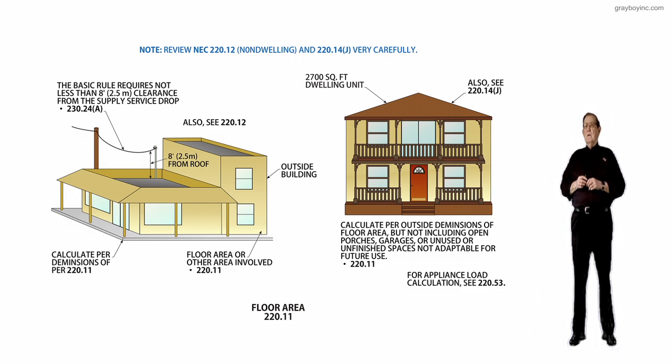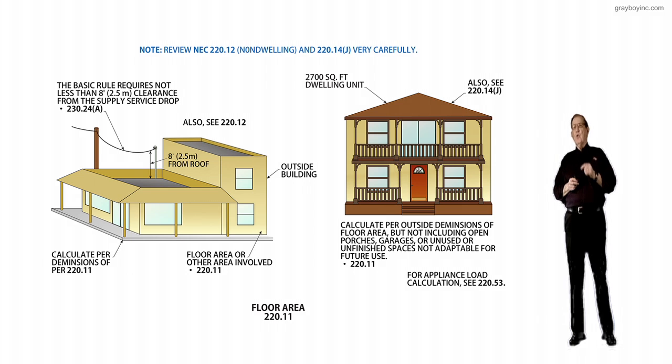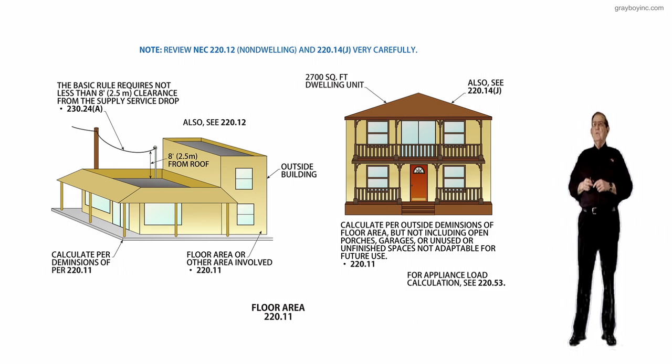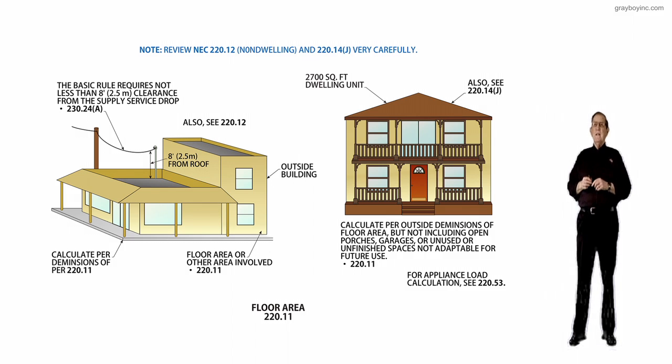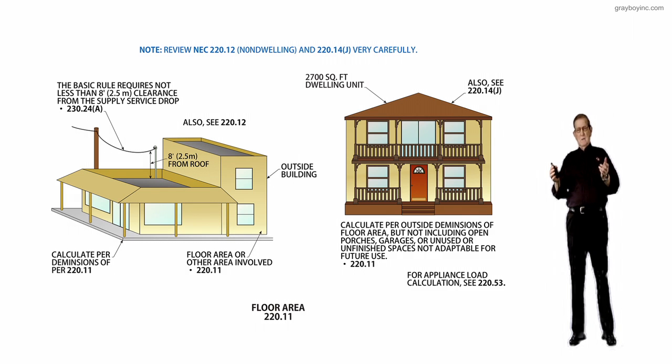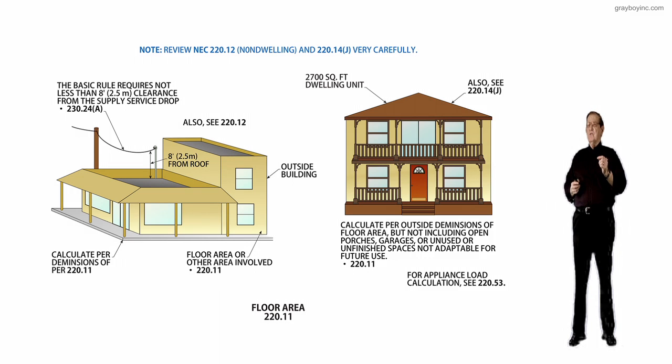Now, the main thing we're pointing out here for floor area requirements and so forth, you go to 220.11, but the 3 VA per square foot would be selected from 220.14(J), and that would include all your lighting loads, all your receptacle loads, except the small appliance circuits and your direct circuits.